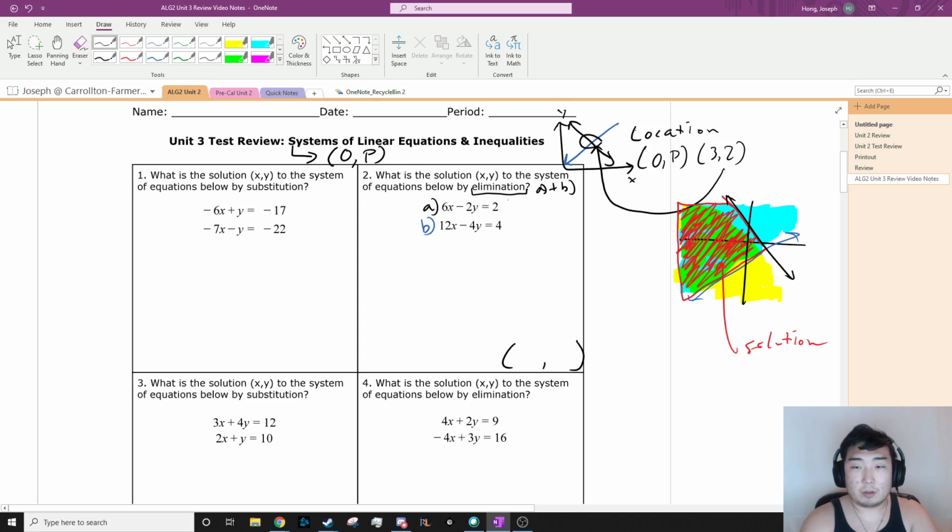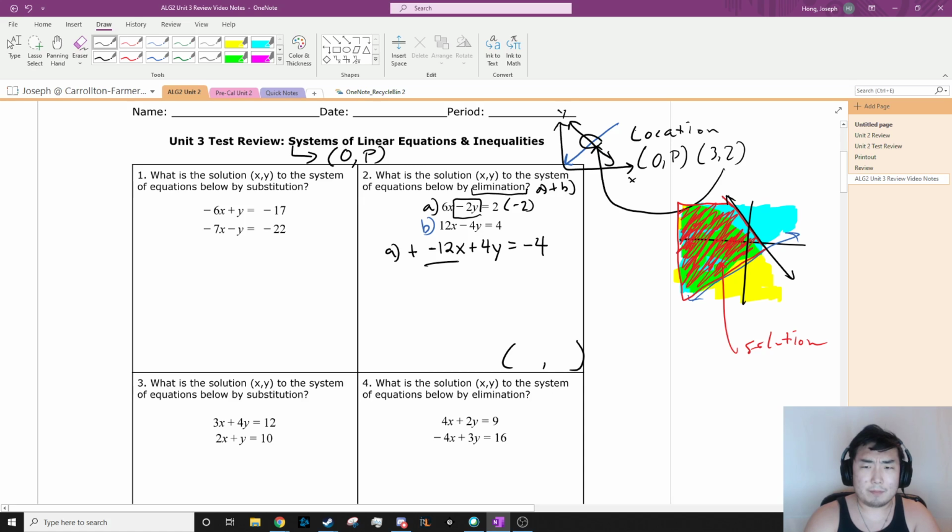I can multiply this whole thing by -2, so first let's do this: -12x plus 4y is equal to -4. This is still equation A. All I did was multiply everything, the left and the right, by -2, so this statement is still true.